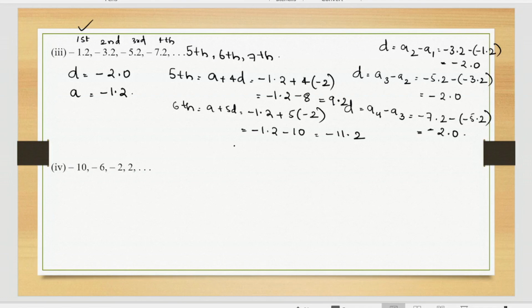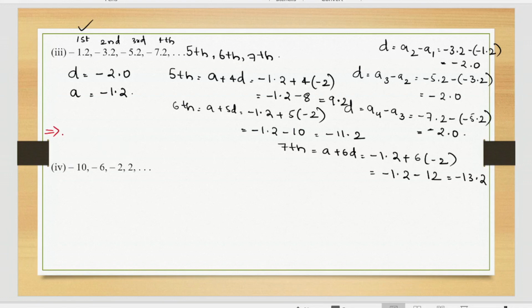So in the same way, seventh term is A plus 6D. A is minus 1.2 plus 6 into minus 2. You will get minus 1.2 minus 12. So which is minus 13.2.